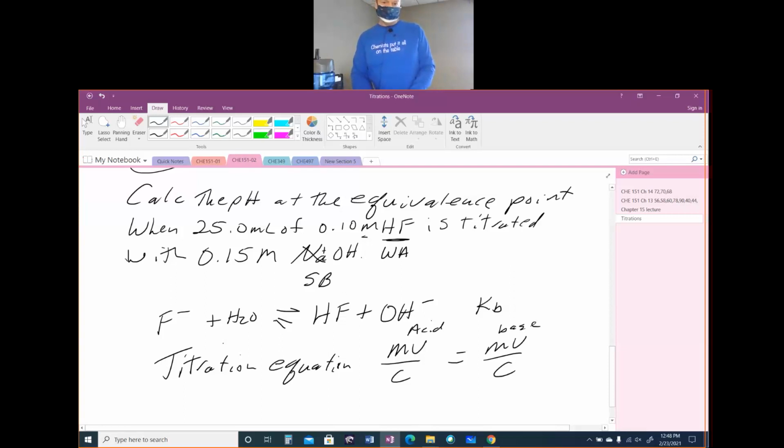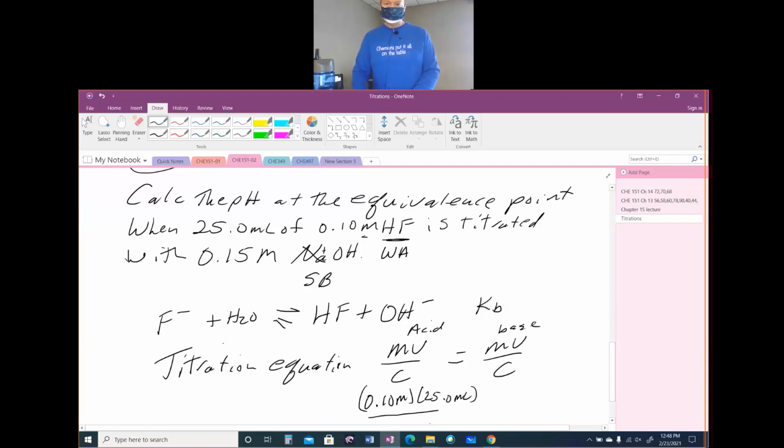Molarity, volume, and coefficient for your acid, molarity, volume, and coefficient of your base. And so this is going to determine what volume of NaOH is going to be required to reach the equivalence point, because we have everything else. The molarity of our acid is given. It is 0.1. The volume of the HF is given. We use 25 mils.